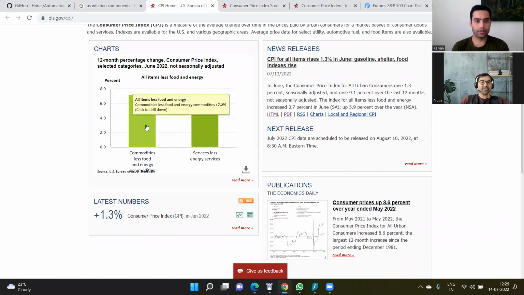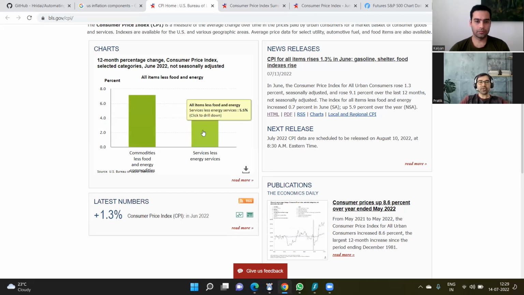So if you look at the core inflation part, all items less food and energy, that is also significant, like 7.2%. Services less energy services is also 5.5%. In the US, the Fed has a mandate of keeping inflation at around 2%. So each of these numbers is quite significantly higher than what is expected.